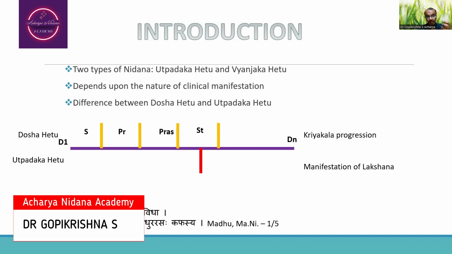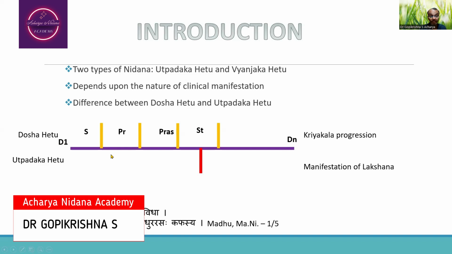This, as well as the progression of the pathogenesis in the Kriya Kala, is how Utpadaka Hetu and Dosha Hetu are classified. Let us say, for example, this is day 1, and this is the nth day.